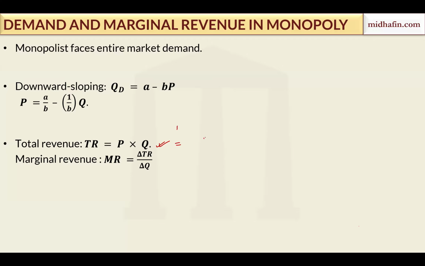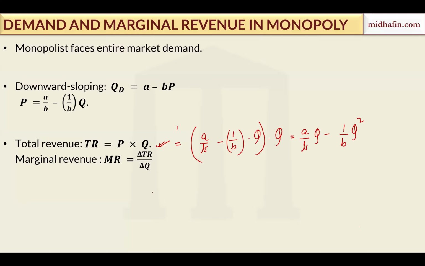P is nothing but A over B minus 1 over B multiplied by Q. And this is P, and if you multiply it by Q, what do you get? You get A over B times Q minus 1 over B times Q square.